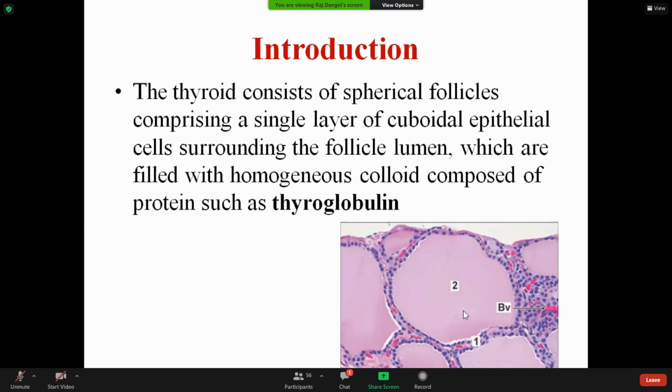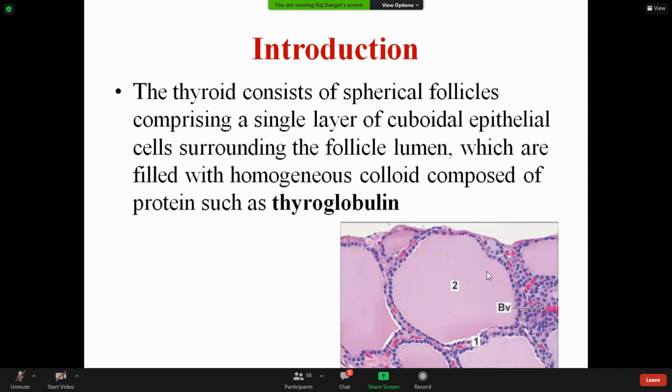And this follicle lumen contains homogeneous colloid. So it is filled with colloid, which contains a protein called thyroglobulin.